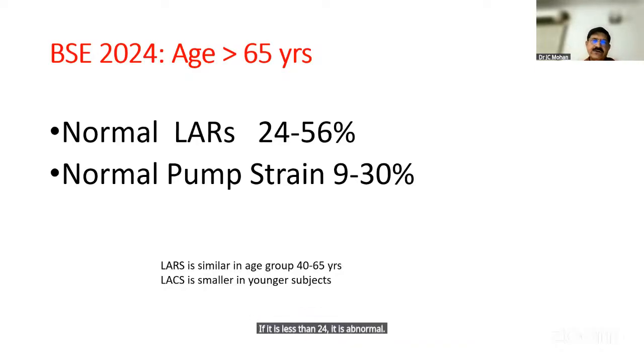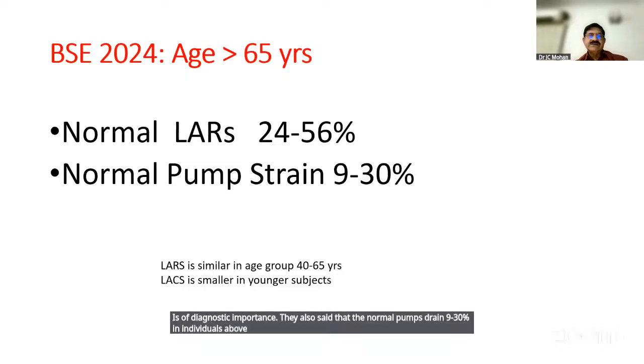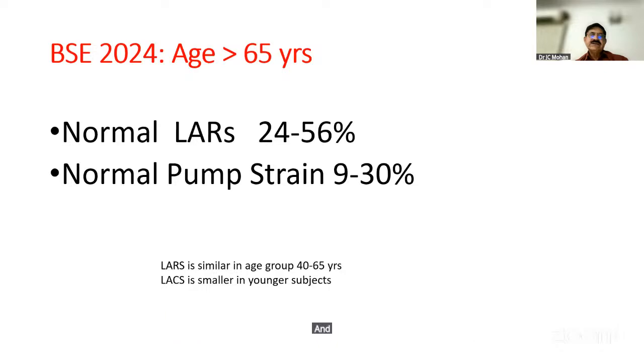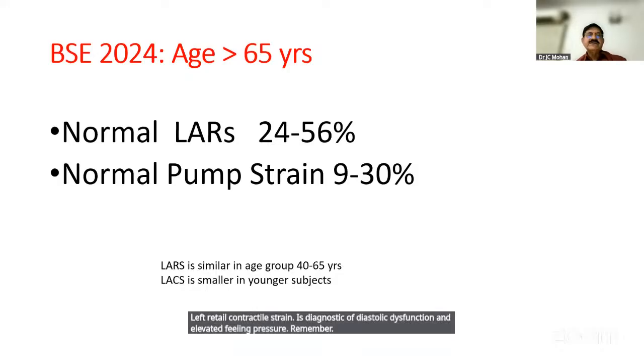But 18 to 24 is border zone; less than 18 in sinus rhythm, and less than 16 in atrial fibrillation is of diagnostic importance. They also said that the normal pump strain is 9 to 30% in individuals above the age of 65 years. And they also suggested 8 or less left atrial contractile strain is diagnostic of diastolic dysfunction and elevated filling pressure. Remember, those were the two major differences.